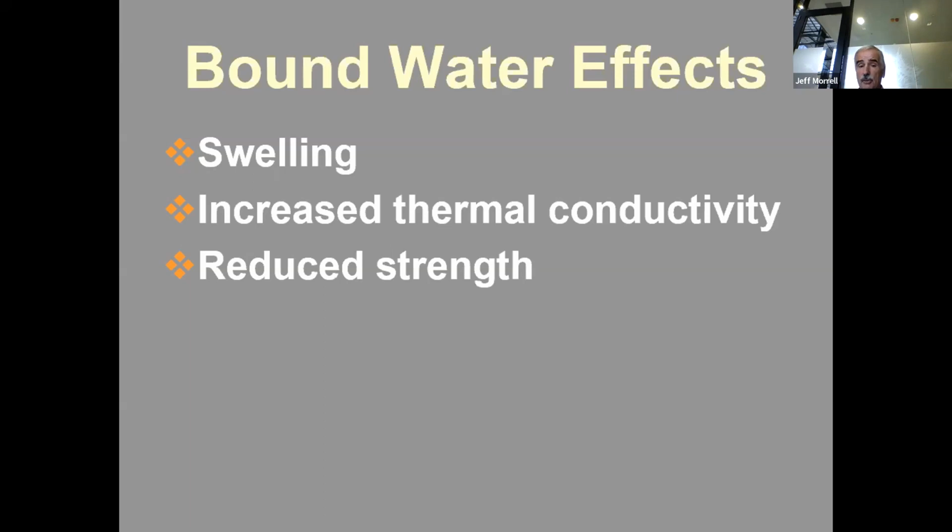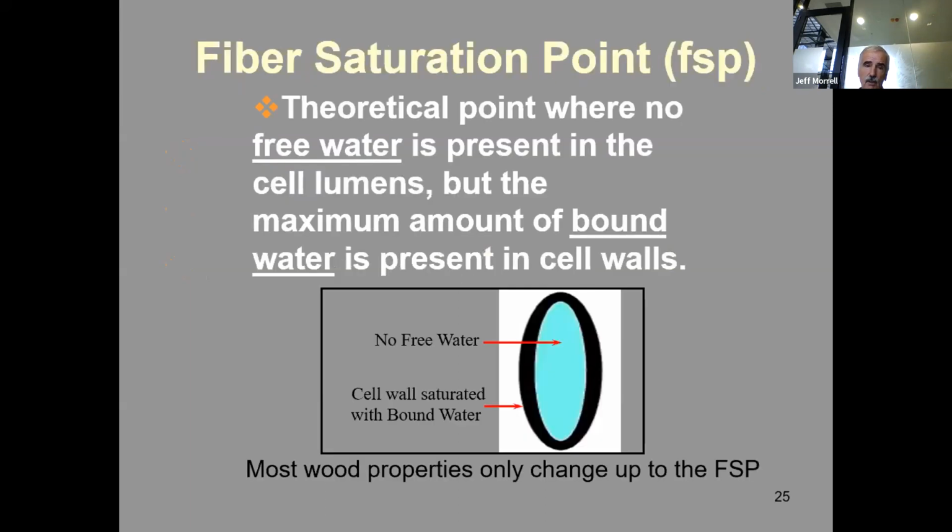And our properties are different for those two applications because we know the strength changes. The point we look at for that magical flex point is called the fiber saturation point. And that's the point where there's no free water present, but the cell walls have the maximum amount of bound water in the wood. So that's a point we always look to stay below when we're trying to work with timber where we can control that.